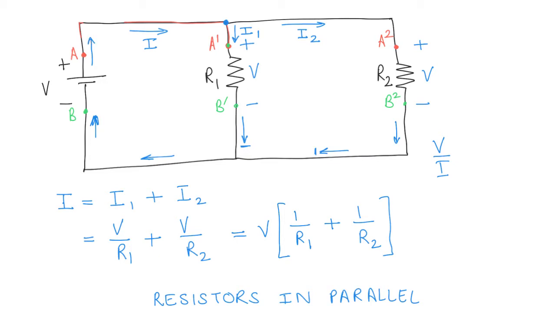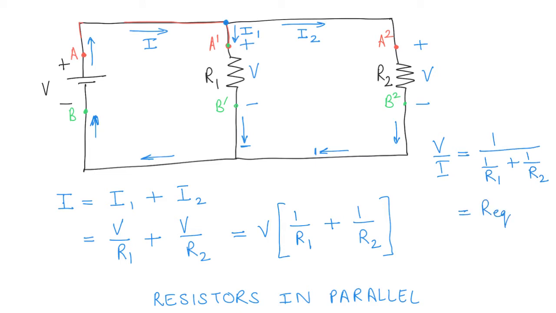So what is the resistance that this circuit is seeing? If I write V over I, from the equation that we have, I find that it becomes equal to 1 over R1 plus 1 over R2, right? And let's call this the equivalent resistance.